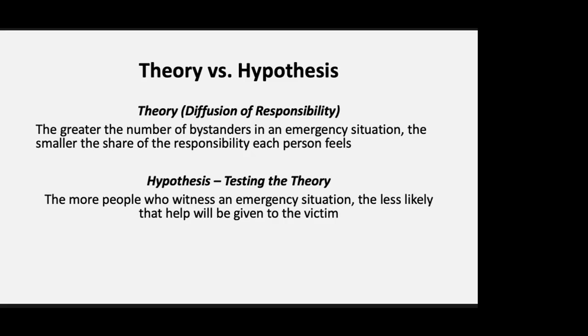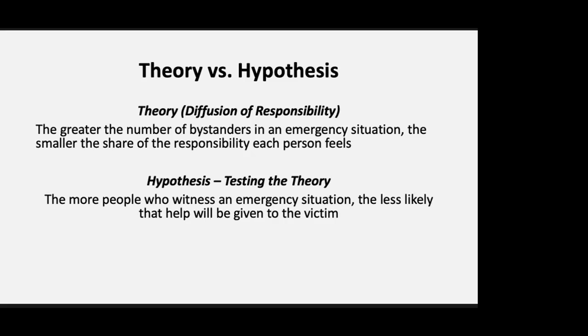Because again, ethics, right? We can't have a couple actually hurting each other and fighting in a situation like this. But if you actually put people in a specific situation, they witness it, our prediction is that they're going to be less likely to help the victim, right? And we're also saying in the hypothesis that the more people we add to that situation, so let's say we start with 10 people and then we add 10 more, now there's 20, and then we add 10 more, now there's 30.